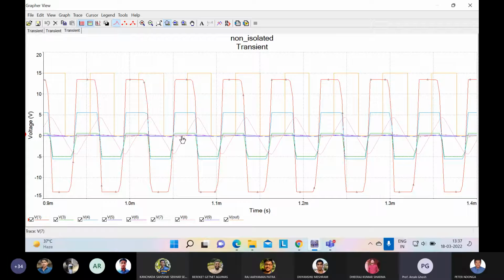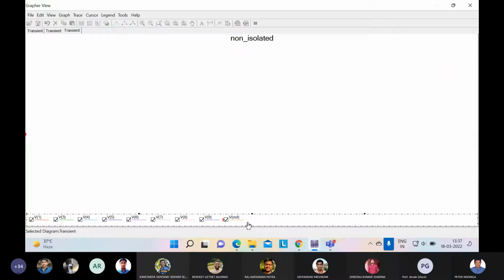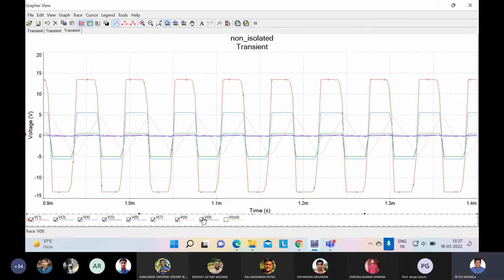Can you please explain the simulation results one by one? There are a lot of simulation diagrams I can observe here. You uncheck them one by one and discuss.